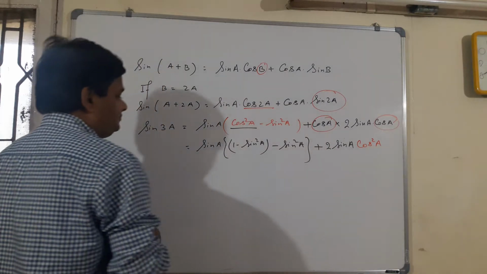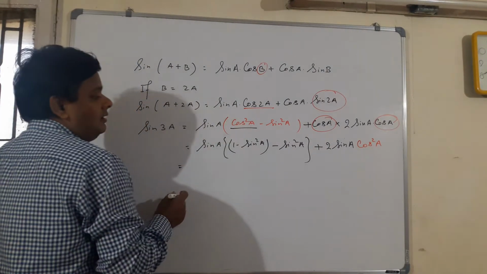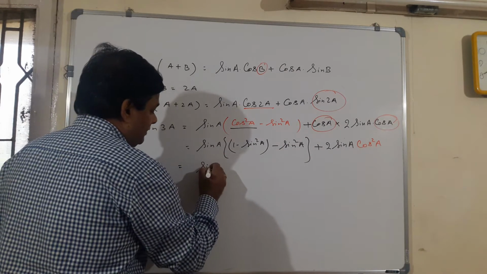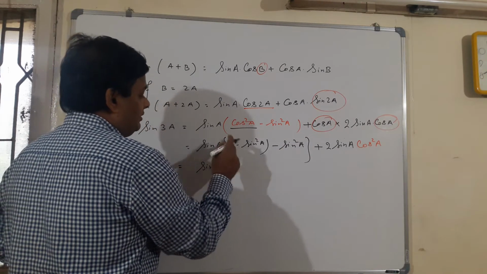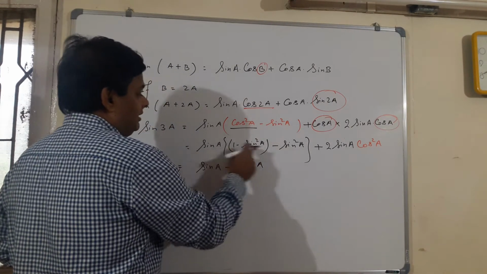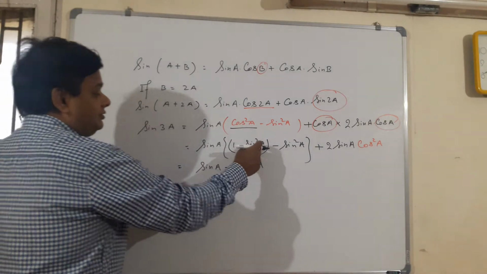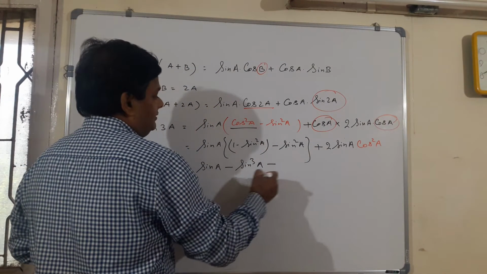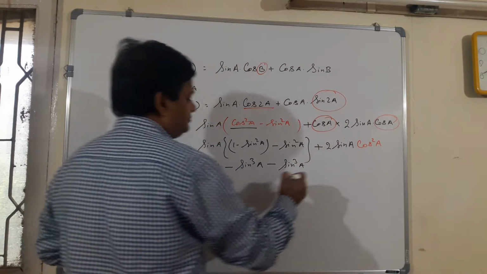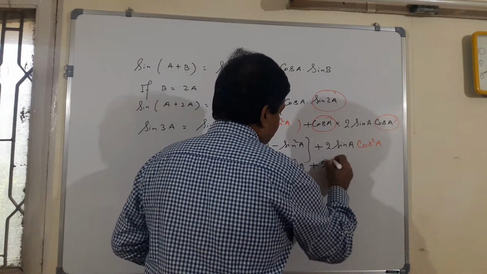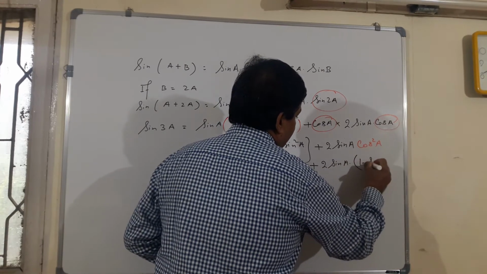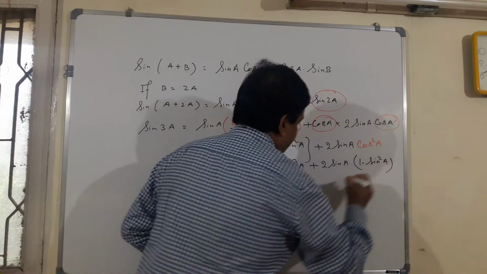Now sin a multiplied by all this: sin a times 1 is sin a, minus sin a times sin square a, which is sin cube a, minus sin cube a, plus 2 sin a into cos square a, and I am writing cos square a as 1 minus sin square a.